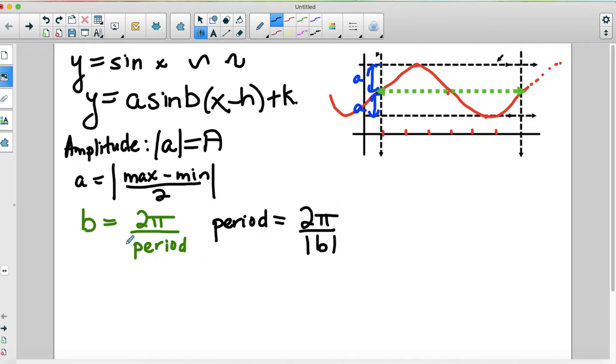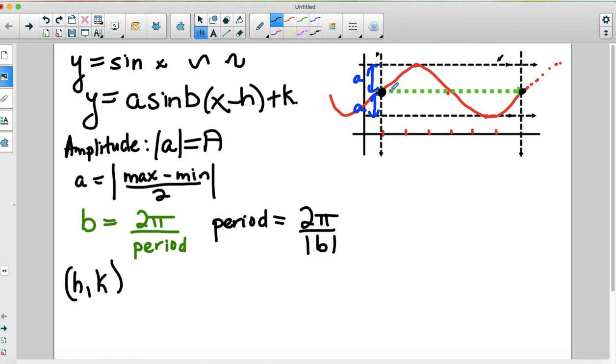Now the other thing that you need to know is the H and the K. The H and the K represent any point in the middle. It could have been this one too. It's your choice where you place the H and the K. It's always in the middle of the S. It's not the max and it's not the min in the sine function. In the cosine function, it's also in the middle, but it's not on the function. In the sine function, it's literally in the middle of the S, and it depends where you want to place it.